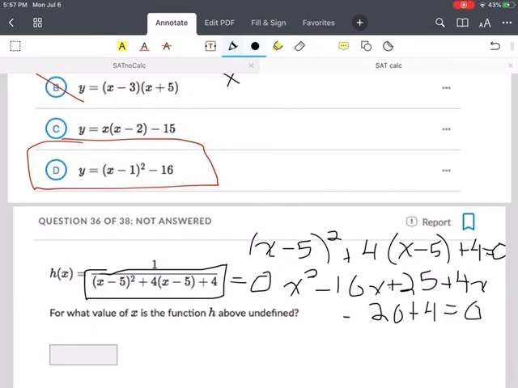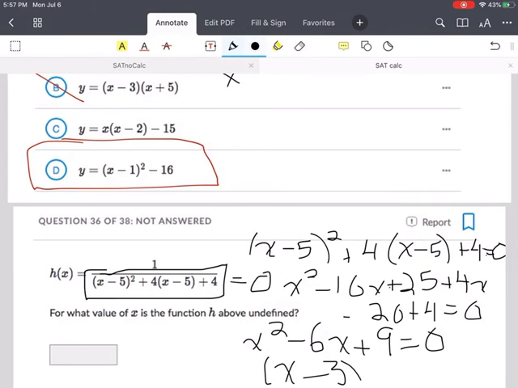And when I combine the like terms, we're going to get that x squared minus 6x plus 9 equals 0. So you should be able to do algebraic computations like that pretty quickly. And now what we want to do is factor that to just say x minus 3 squared equals 0. So if we were to solve that further, it just becomes x minus 3 equals 0, which is then x equals 3.